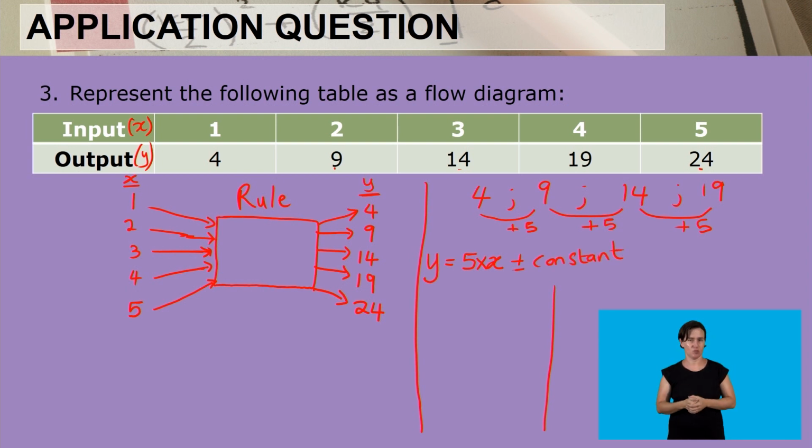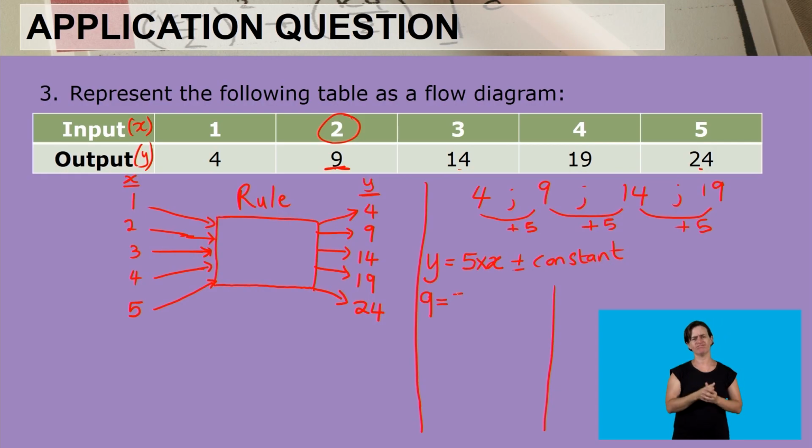So let's choose any of the output values as long as we use the corresponding input value to find our answer. So we are going to use the input value of 2, which has an output value of 9. So 9 is the output value, which is in the place of the Y.